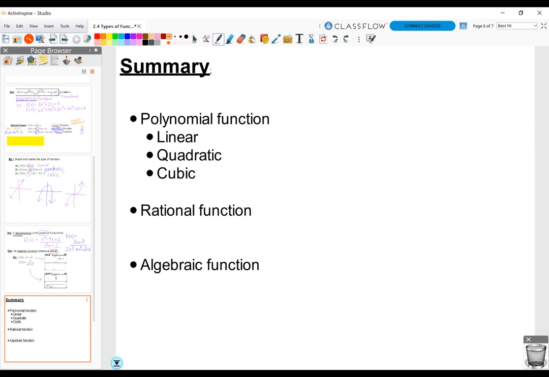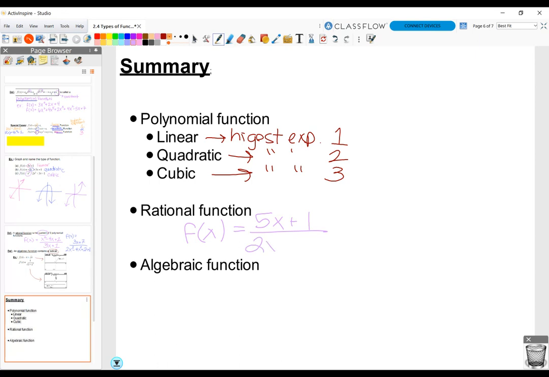All right, a quick review. We have polynomial functions: linear, quadratic, and cubic. Remember, for linear, the highest exponent is 1. For quadratic, my highest exponent is 2. And for cubic, my highest exponent is 3. Rational functions have a polynomial in the numerator and in the denominator.